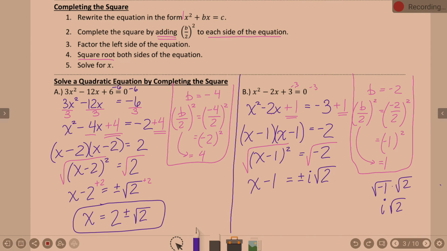How am I going to solve for x? Yeah, if it's x minus 1, we're going to add 1. And so we get x equals 1 plus or minus i square root of 2. And guess what? You're done, right? No.